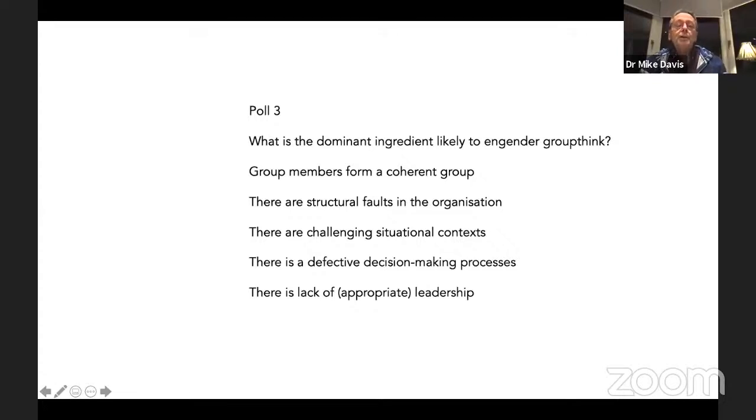I want you just to choose one of these characteristics to determine what you think is most likely. And we'll see whether there's any agreement about this at all. So back to you, Andrew.